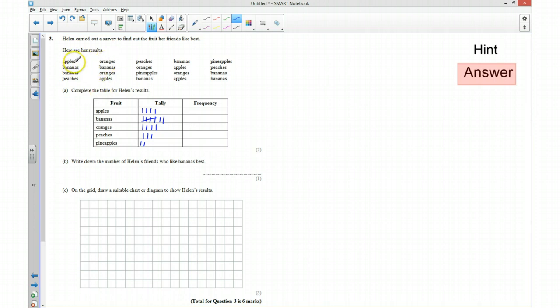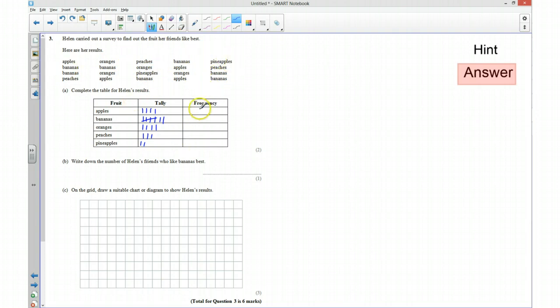Okay, what I would do now is go through and check that you've got the right amount of each one, because it would be silly to throw away a mark for just miscounting. So we've got 1, 2, 3, 4 apples, 1, 2, 3, 4, 5, 6, 7 bananas, 1, 2, 3, 4 oranges, 1, 2, 3 peaches, and 1, 2 pineapples.